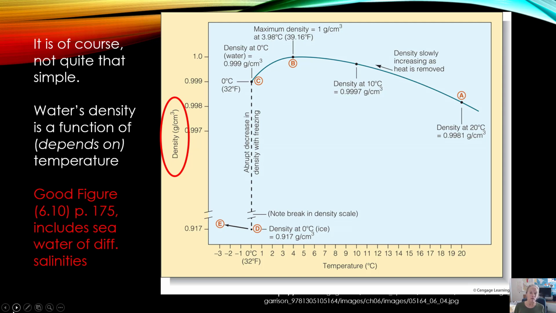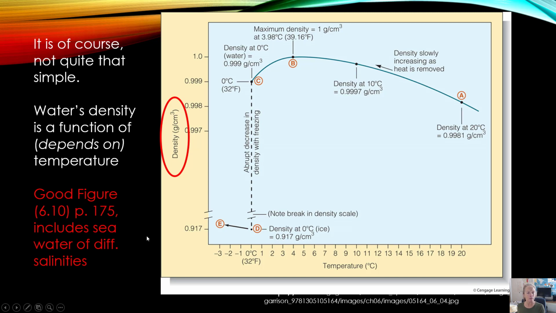Now, this is a rather complicated looking thing. I'll try and walk us through this. And there's another figure similar to this in your book, 610 on page 175. It's more complicated because this here is just fresh water. And the figure in your book actually tells you the densities of seawater at different salinities too, so it's more complicated.